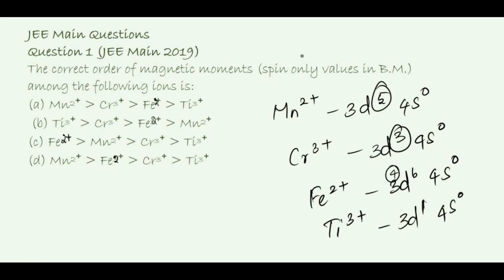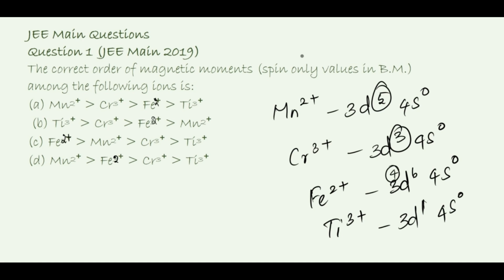If they are asking for the BM values, just have these unpaired electron counts and your problem is sorted. Mostly the number of unpaired electrons is almost equal to the BM value.